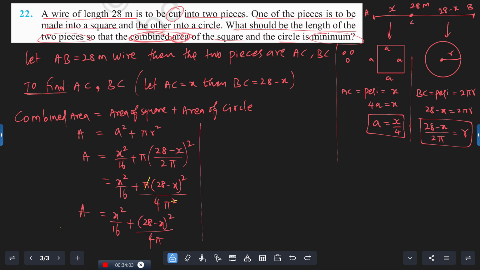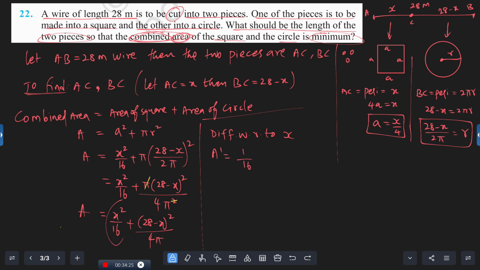Now the A value we have to differentiate. Now only I got the A value. Differentiate with respect to x on both sides. So that A dash is equal to 1 by 16, let it be as it is.